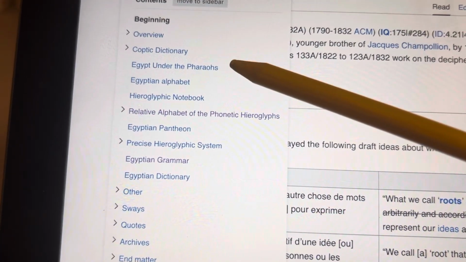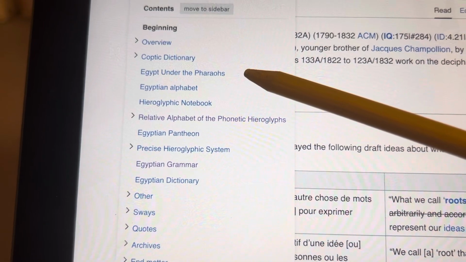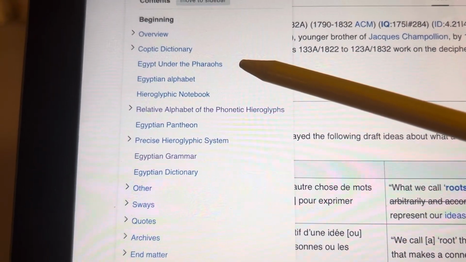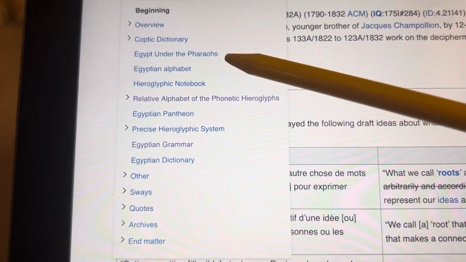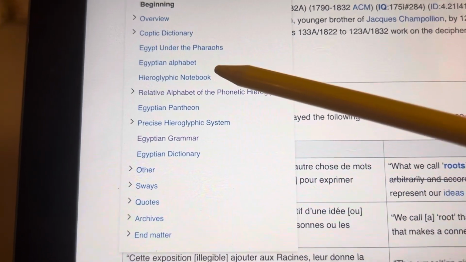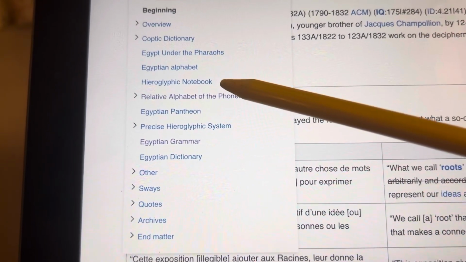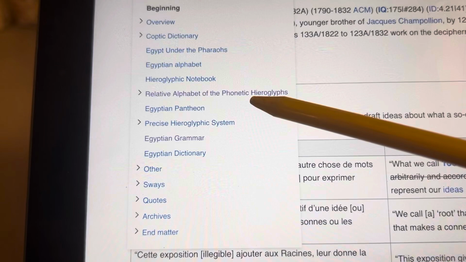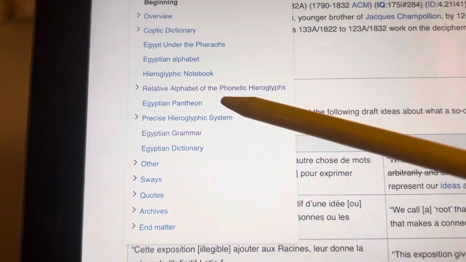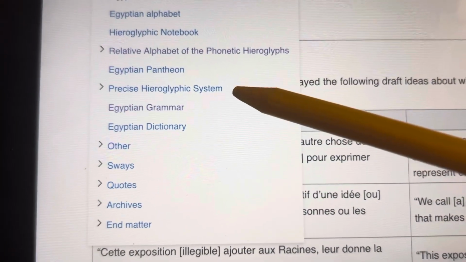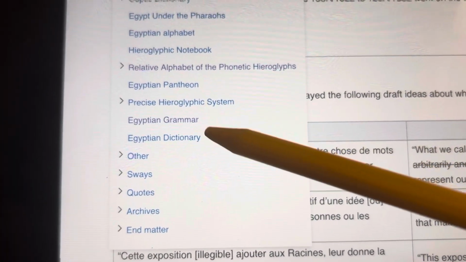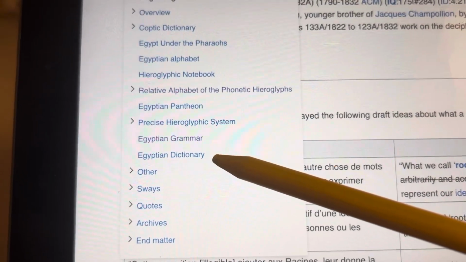Champollion read this and ended up publishing close to 1,000 to 2,000 pages of expansion on what Young had done, such as his notebook, Relative Alphabet of the Phonetic Hieroglyphs, Egyptian Pantheon, Precise Hieroglyphic System, Egyptian Grammar, and a handwritten Egyptian dictionary.